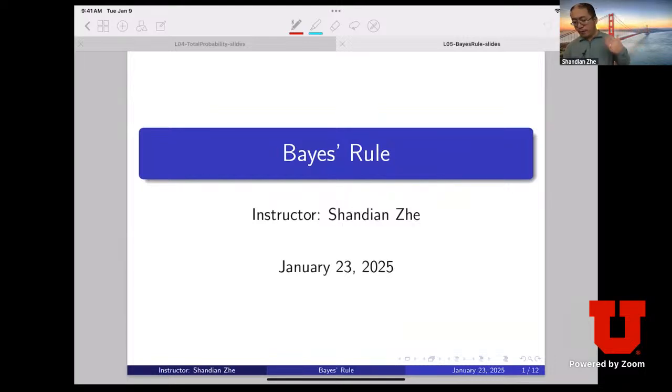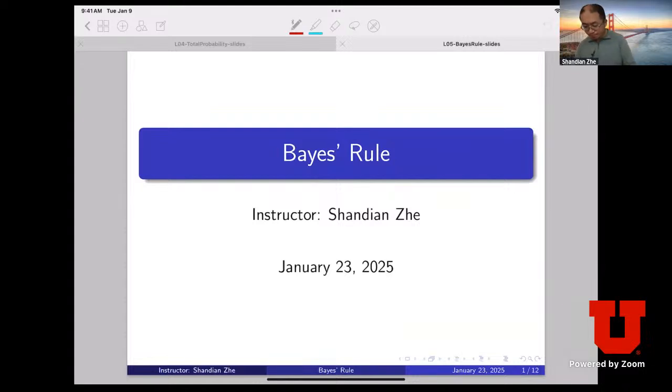So I use Bayes rule to do my modeling and to justify my work every day. So I'm super familiar with it, and I'm fully aware of its importance. But interestingly, you see that Bayes rule can be derived with very simple principles and the rules we have discussed so far.